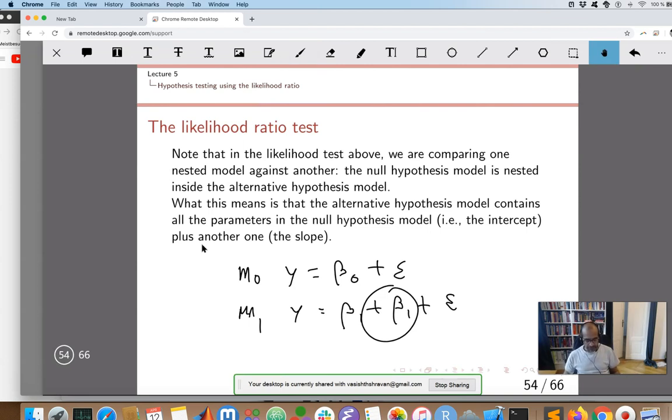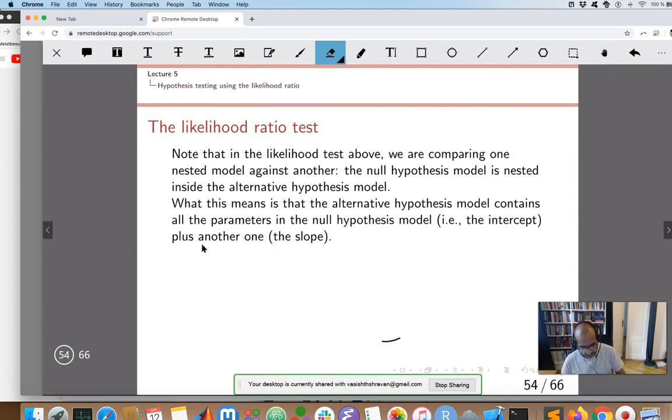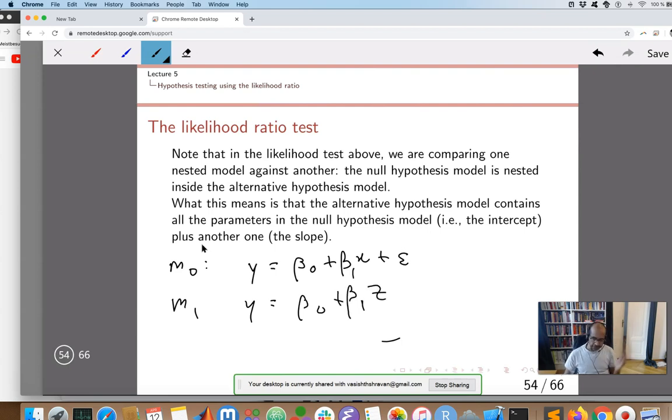Now a situation where you wouldn't have any nesting is something like this. Extreme example, okay? So you could have a model where you've got the same data, and my model M0 could be y = beta 0 + beta 1 x + epsilon, and my model M1 could be y = beta 0 + beta 1 z, where z is some other variable.